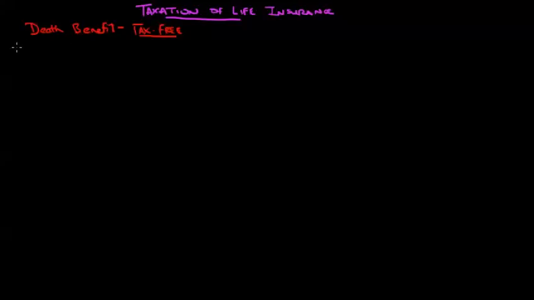What we are going to look at, though, are the various taxable dispositions of life insurance, and then we'll look at a quick example of how one of these taxable dispositions might break down. So different types of taxable dispositions we can have associated with a life insurance policy. We might have, first off, a surrender of the policy.